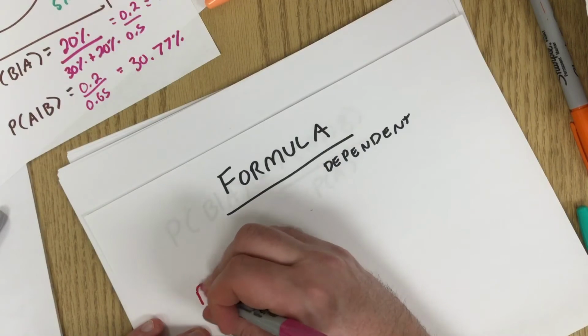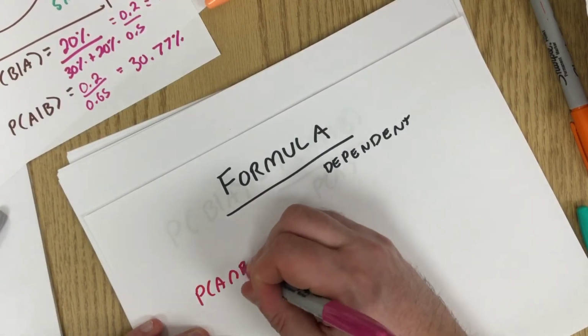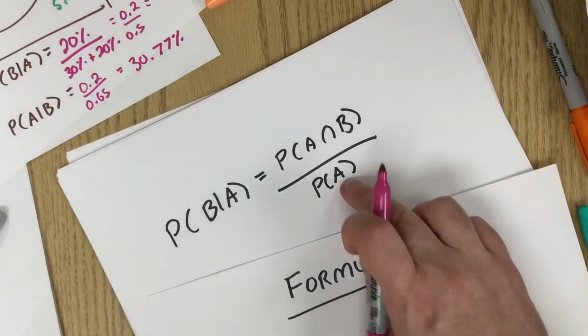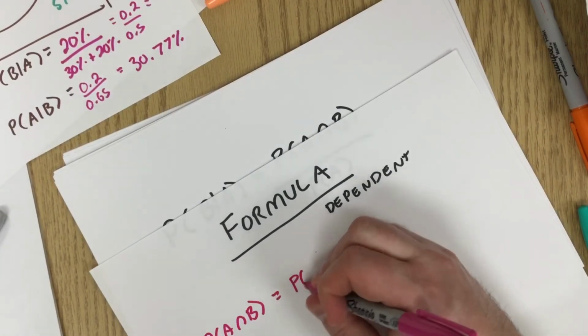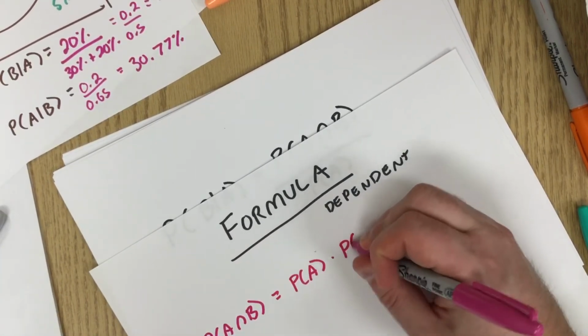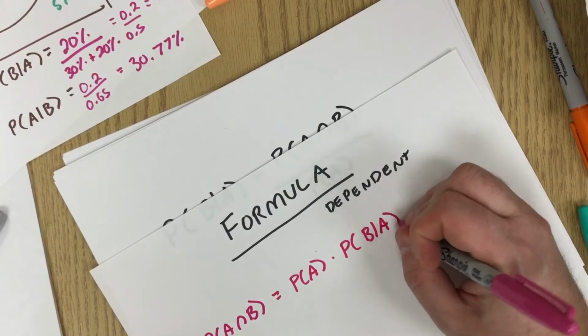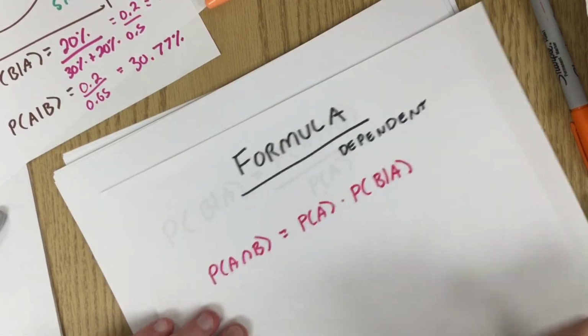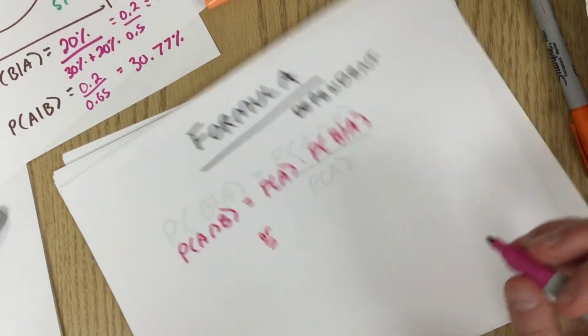So the probability of A and B, if they're dependent, is going to be, if we move that up to there, the probability of A times the probability of B given A. Or the other formula is the one that we already had.